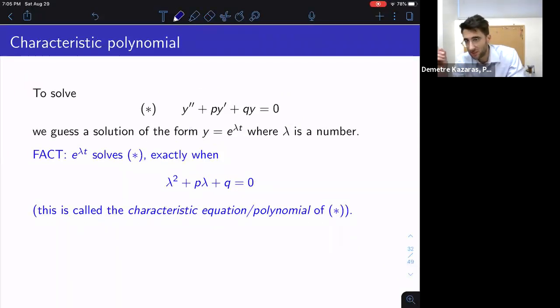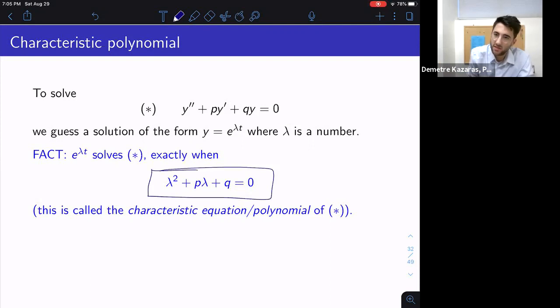Here's a fact that's not hard to see. If you want to test out what number lambda makes e to the lambda t solve that equation, that's the exact same thing as saying that lambda solves this quadratic equation, which is called the characteristic equation, and the left-hand side is called the characteristic polynomial of the linear constant coefficient equation.